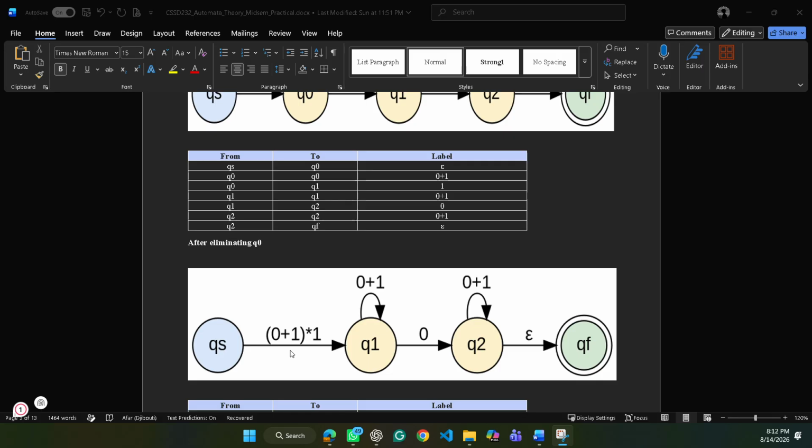So the important idea here is that although the intermediate automata change as states are eliminated, the language represented by the automaton remains the same. That's all that we are saying in here.